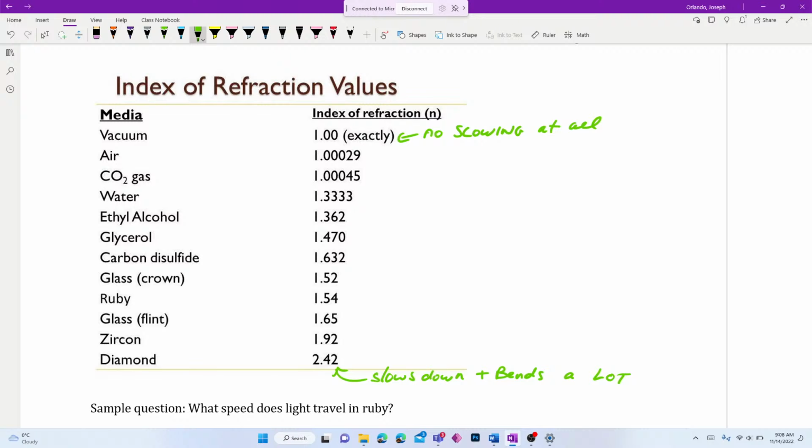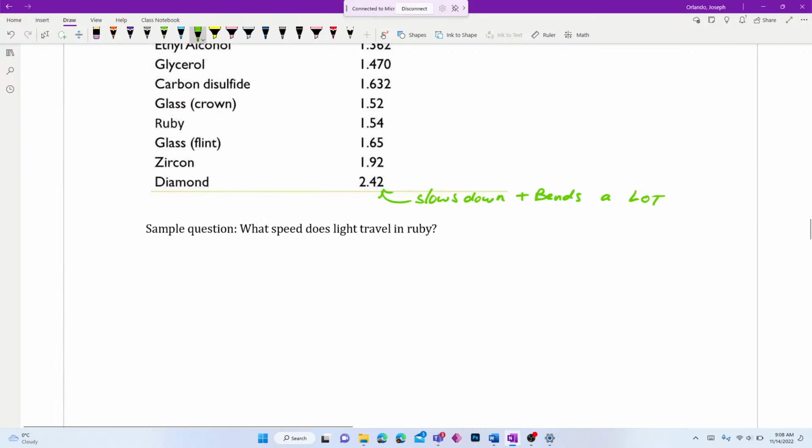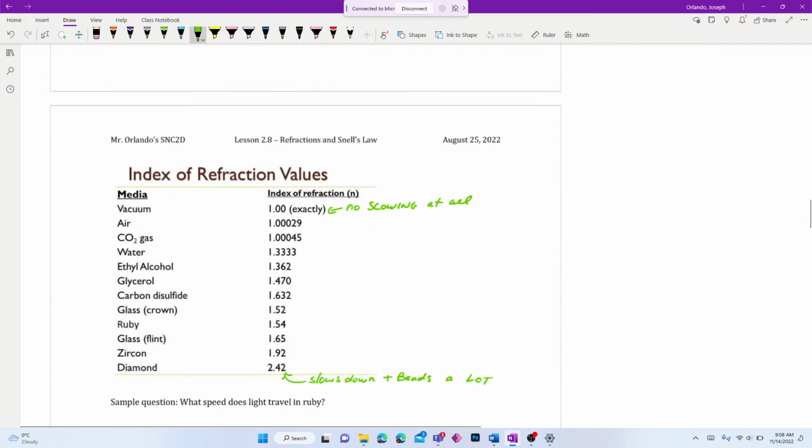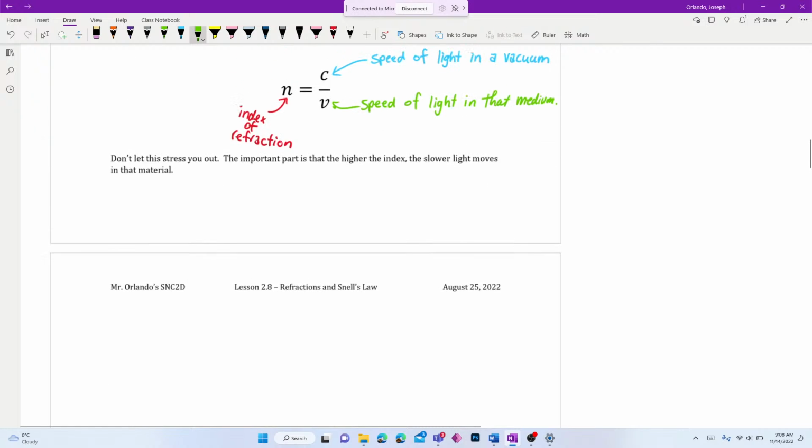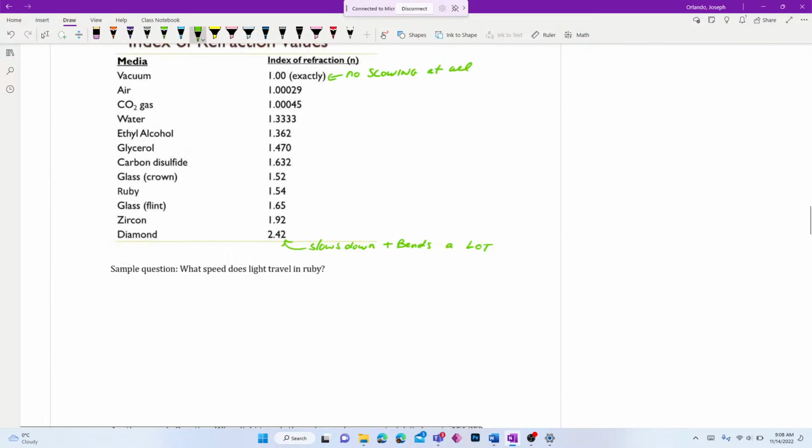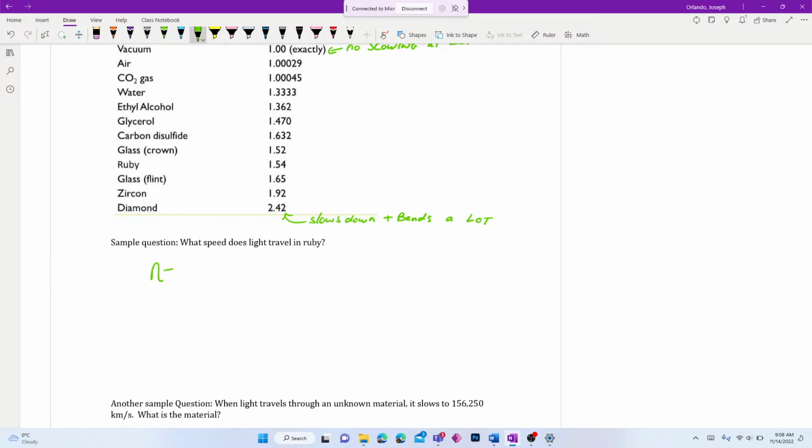Does that make sense? We can do some simple math with this. What speed does light travel in a ruby? Well, it's actually pretty easy. We know that n is equal to c over v. If I want to know the velocity of light in this, what can I do? And so many fraction equations in this course. Do you hate fractions yet?